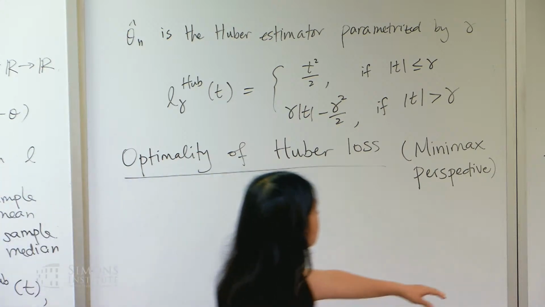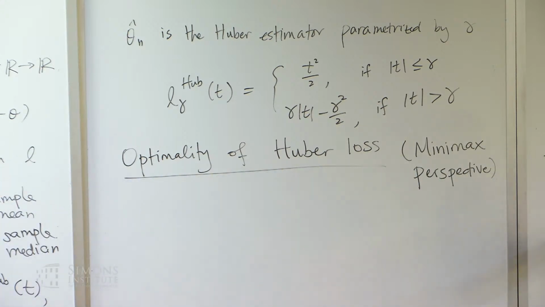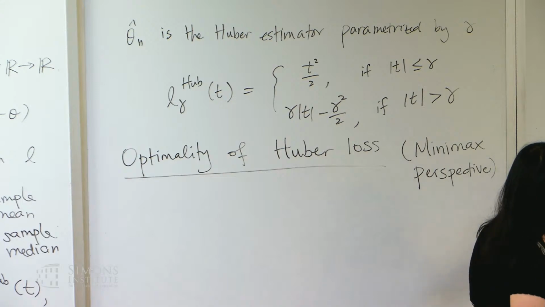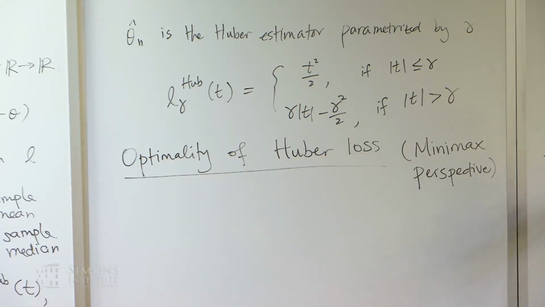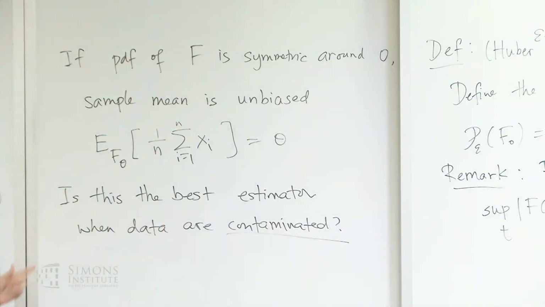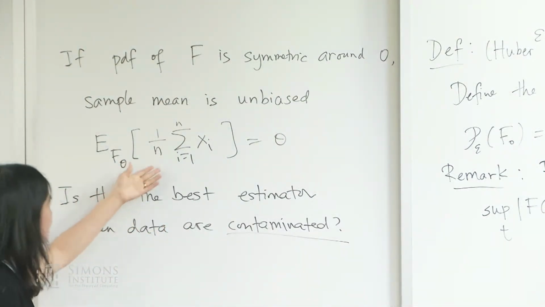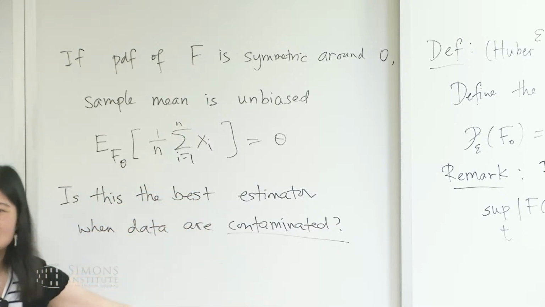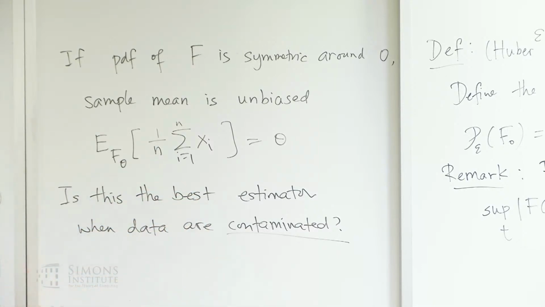When we were talking about estimating the mean of a standard normal distribution, I said we have these sample means, and if we want robustness, is there something better? One small leap in logic is the claim that the sample mean is the best estimator if we didn't have contamination. This is classical statistical theory.